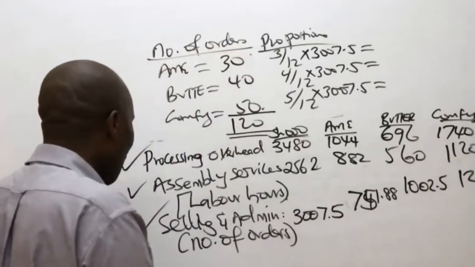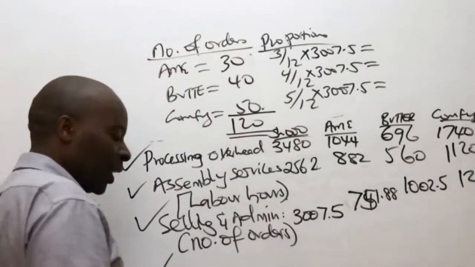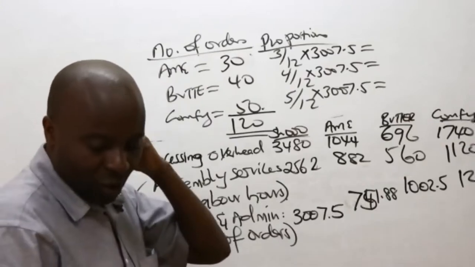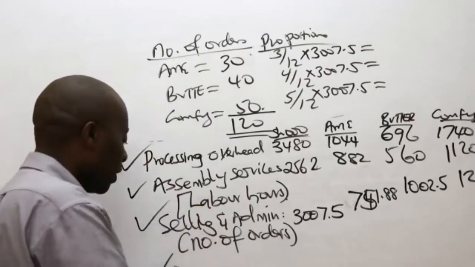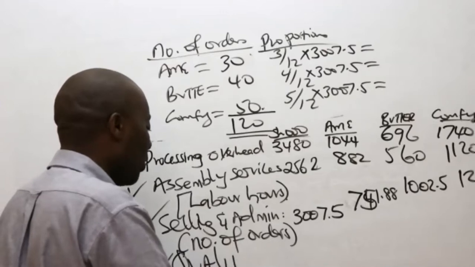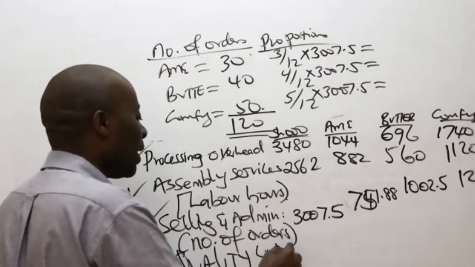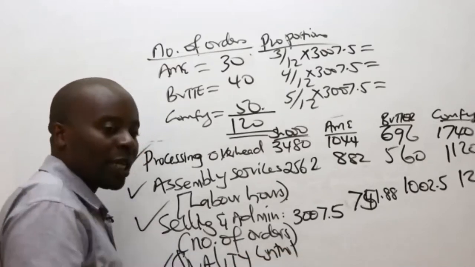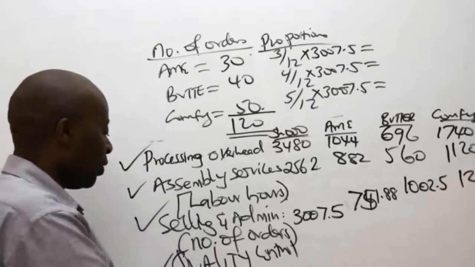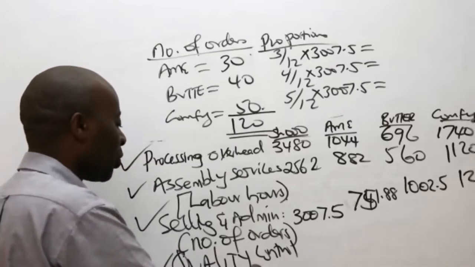There is one more we haven't apportioned. There is one that we skipped here called quality control. The way I know quality control, not unless I'm told otherwise, I will always apportion quality control using number of production runs.